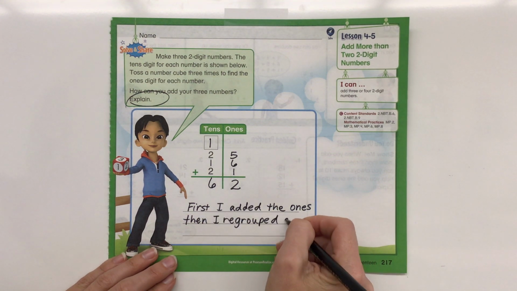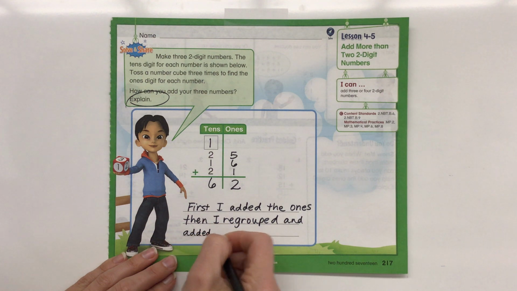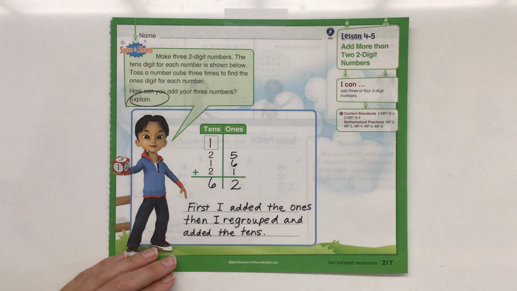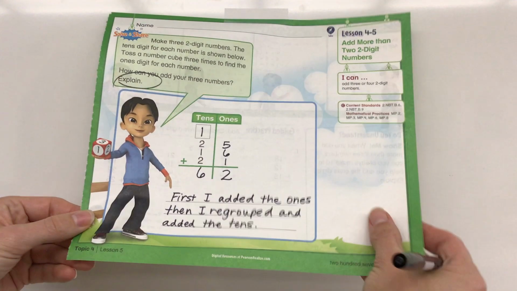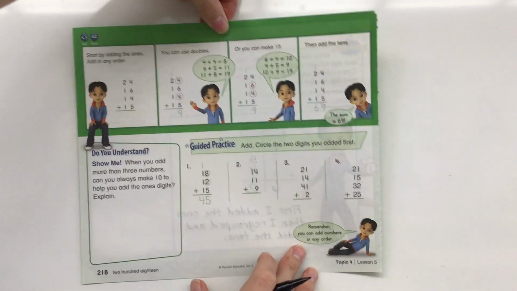I regrouped and added the tens, okay? And again, you can pause the video as needed, and you can even put it in your own words. You don't need to copy down exactly what I put there. But we're gonna look at some different strategies that we can use. All right, let's go ahead and head to the back page here.